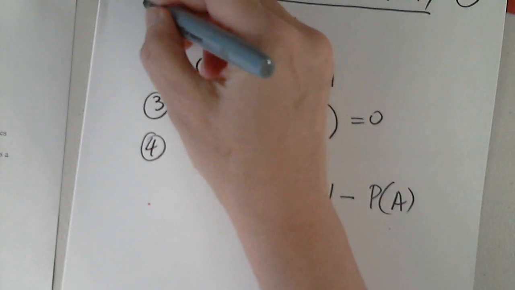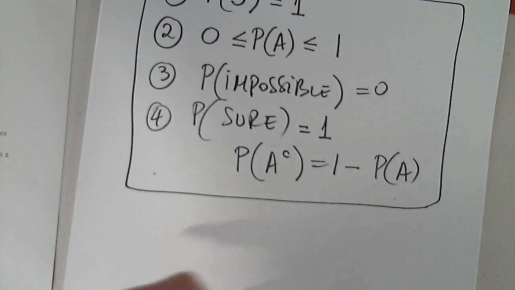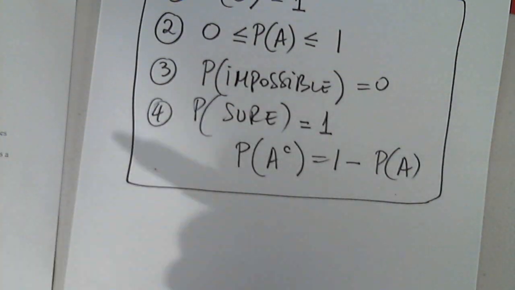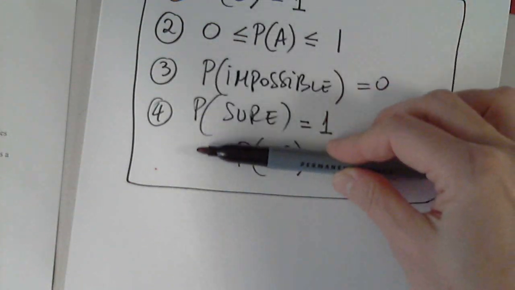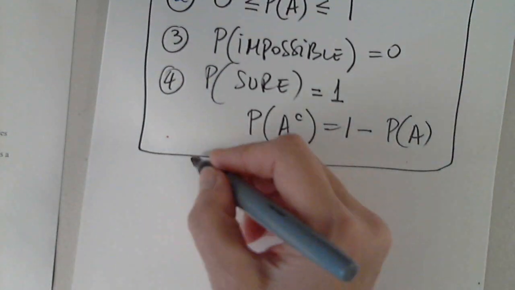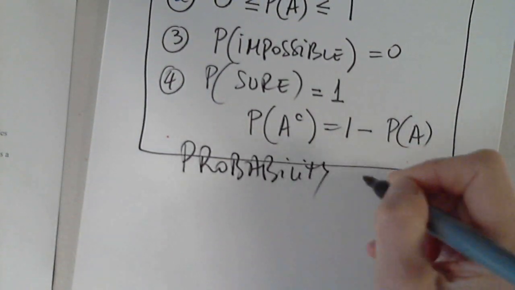Verify that this is a probability model. So if a data set like this one does not fulfill these conditions, it will not be a probability model.